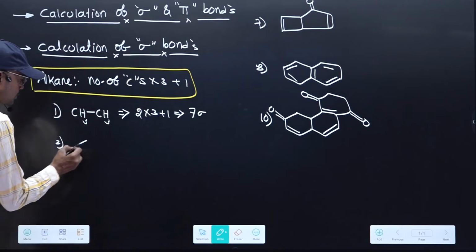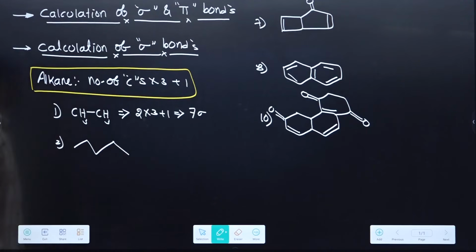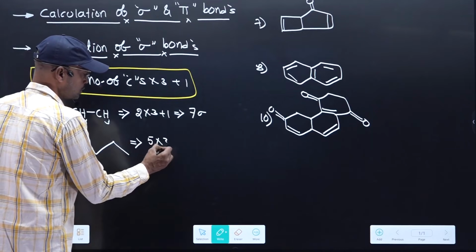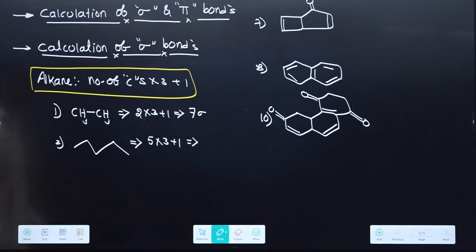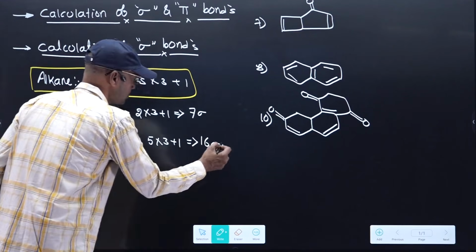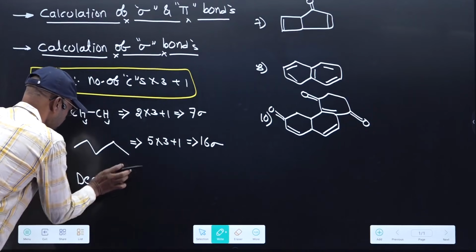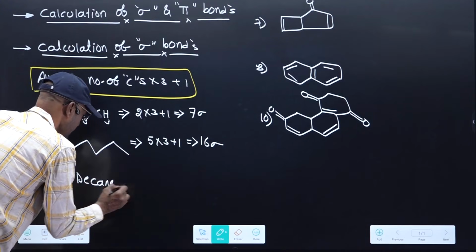Suppose I give pentane. How many carbons are present? 5 carbons. 5 into 3 plus 1, that is 15 plus 1, 16 sigma bonds. Suppose I say decane.